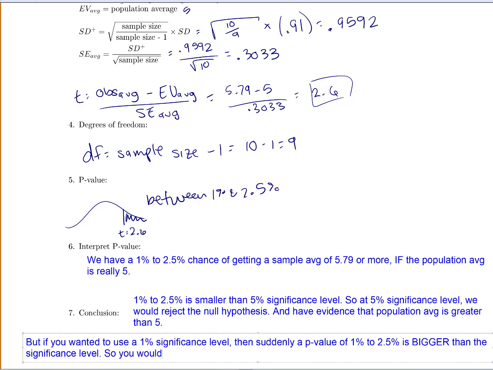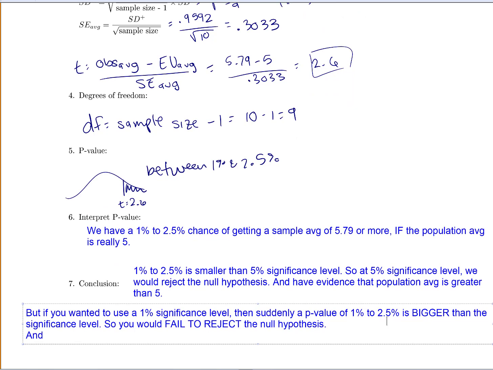So you would fail to reject the null hypothesis. And for this person that wants to be really, really sure, you wouldn't have enough evidence to say that the population average is greater than 5.